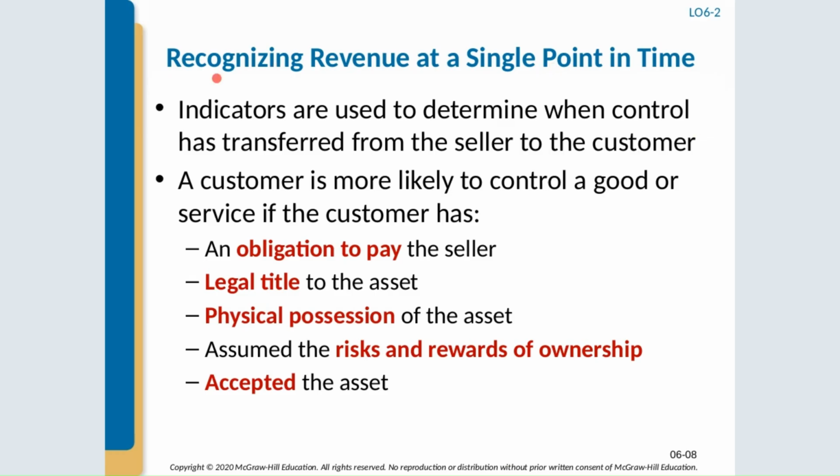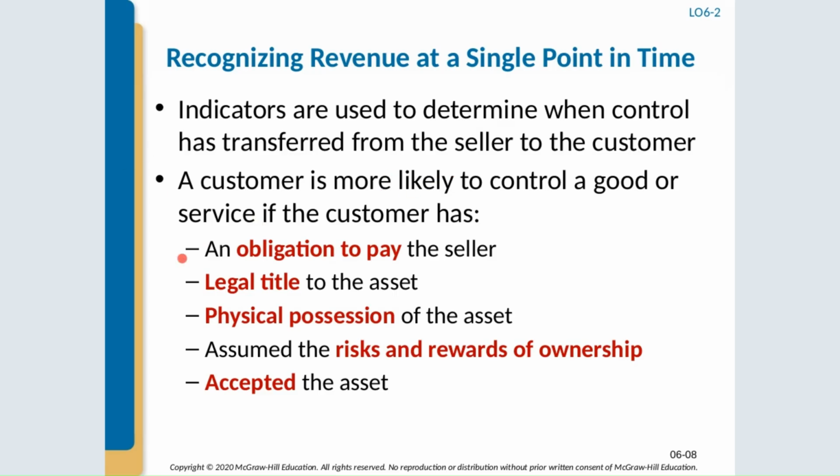All right, so recognizing revenue at a single point in time is probably the most straightforward and easier to understand in terms of revenue recognition. In terms of when do we recognize the revenue, the customer has control of that asset.